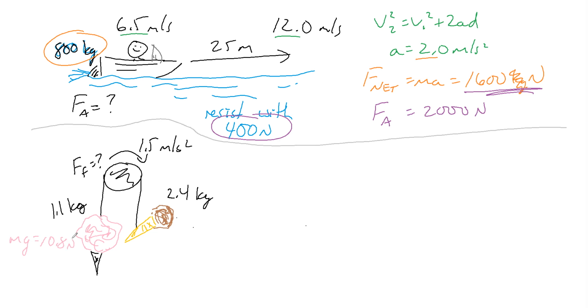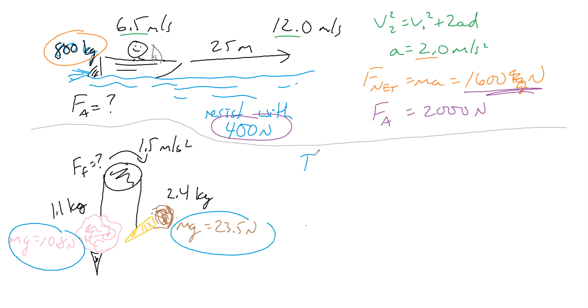And if we do the same thing for my ice cream cone, the mg for my ice cream cone is approximately 23.5 newtons. Okay, so there's my two pulling forces, and I often like to put my pulling forces together. So I've got basically 11 going one way, and about 23.5 going the other way. If I just subtract those two, I can find out that those two forces put together would be about 12.7.